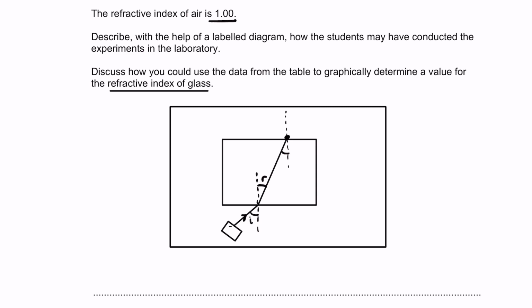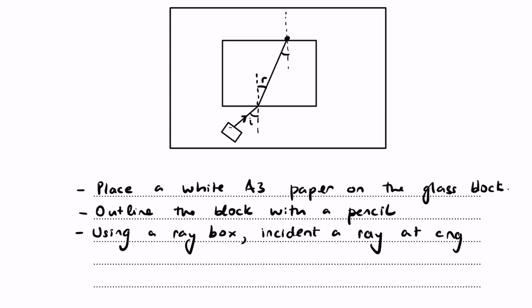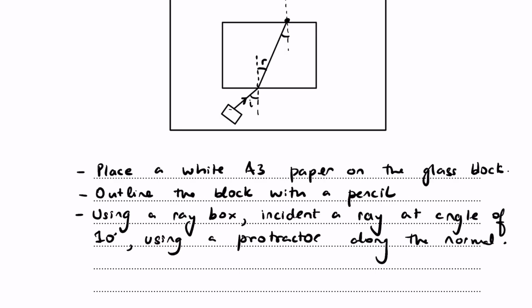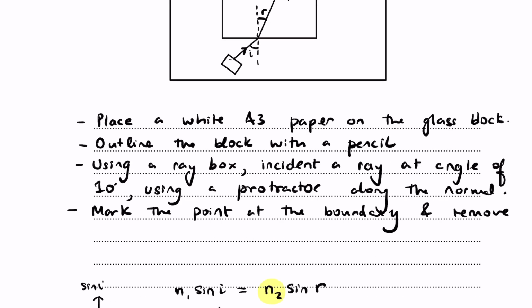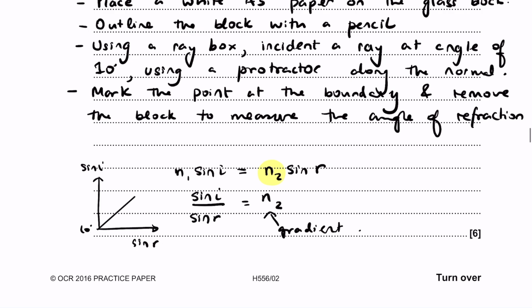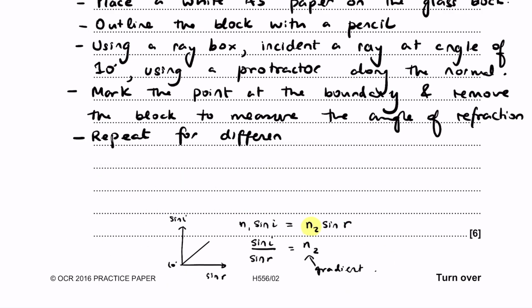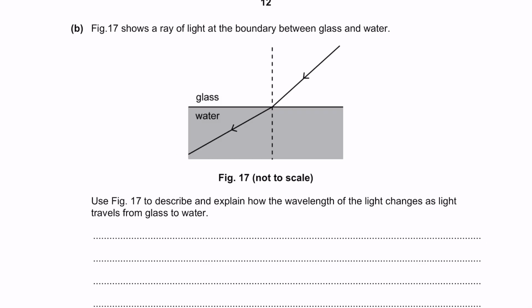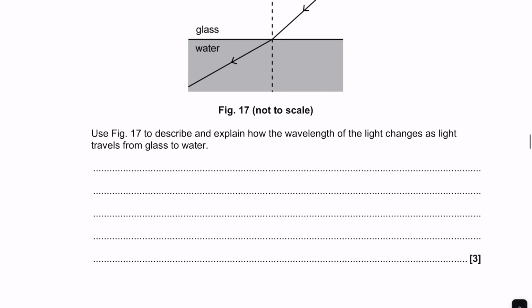So I'm going to just write these points down. Part B, we are given figure 17, which shows a ray of light at the boundary between glass and water, and describe how the wavelength of the light changes as the light travels from glass to water.